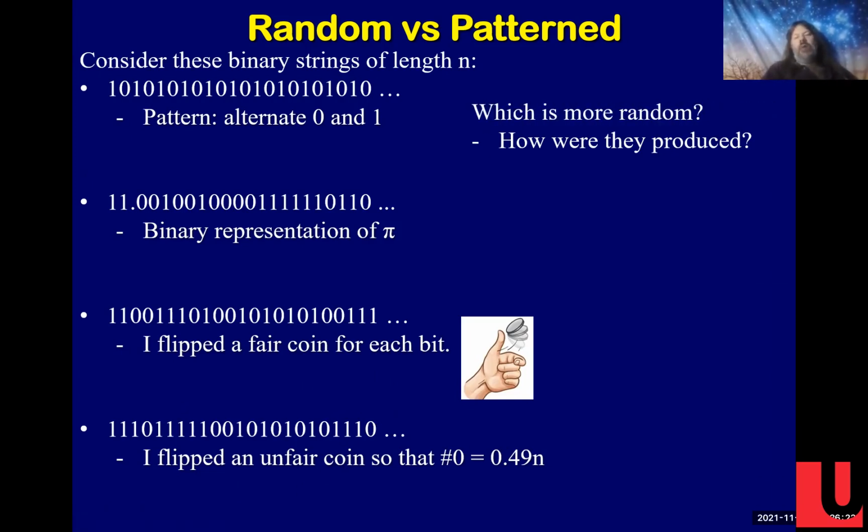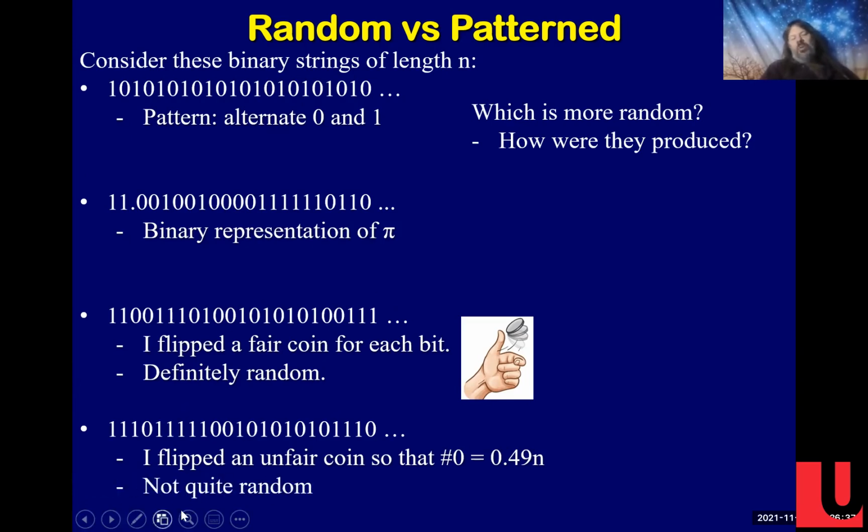All right, so now we can ask which one is more random, and what do you feel about it? Is the first one random? No. This one here, it's the definition of random. I produced it by flipping coins. And this one's almost random, but not quite random. This one's definitely not random. It has a pattern. What about this one? Is it random?